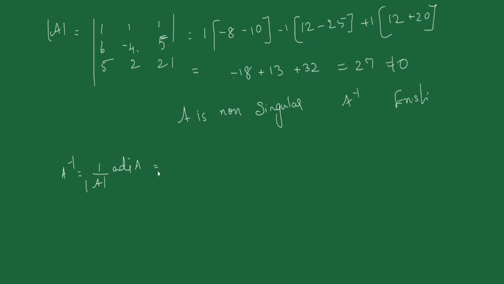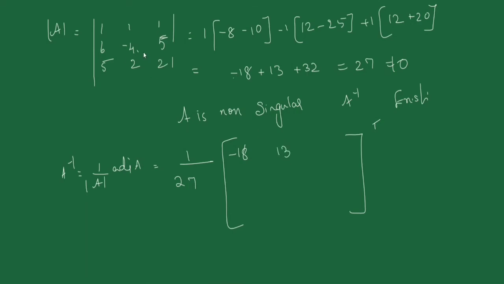1 by determinant of A into adjoint of A. 1 by 27. You have to find the transpose of the cofactor matrix. So let us find the cofactor matrix. 1 is minus 8 minus 10, that is minus 18. This one is 12 minus 25, minus 13, it will become plus 13.